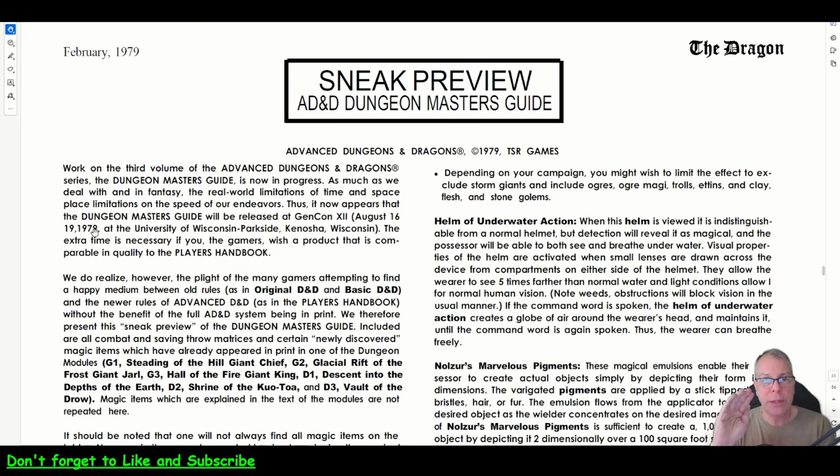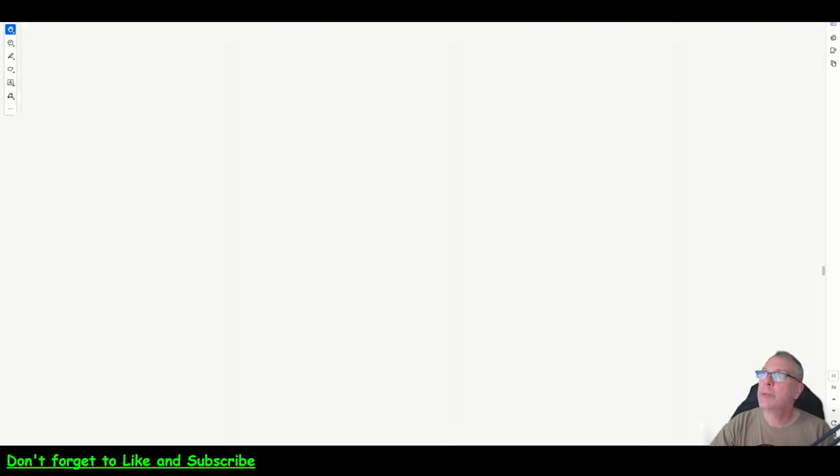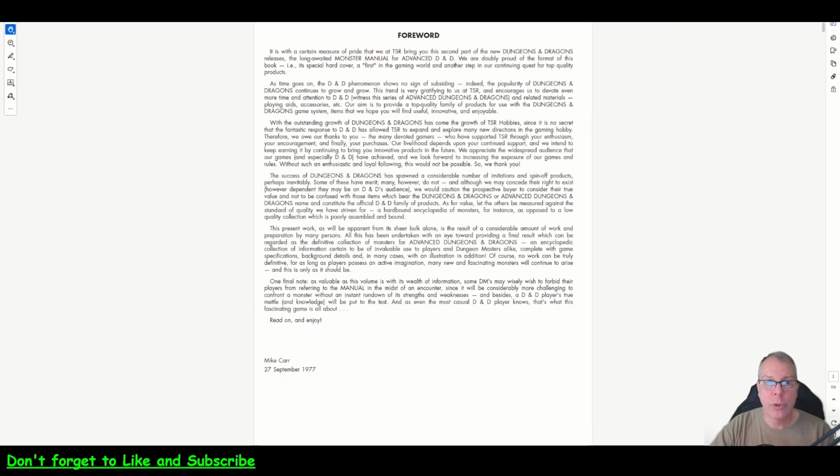And another thing to keep in mind with all of these books is Gary's trying to write these books in such a way that they are all released at Gen Con, which is almost always sometime in August of the year. So the Monster Manual was written in September 1977. That did not come out for Gen Con.